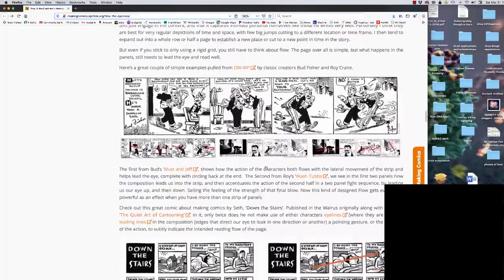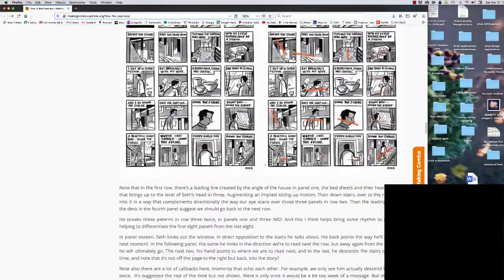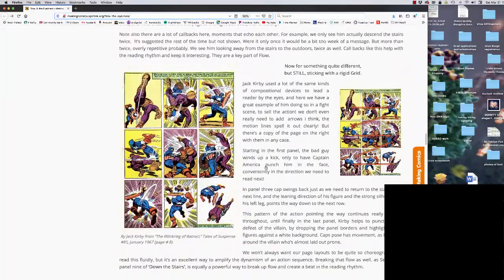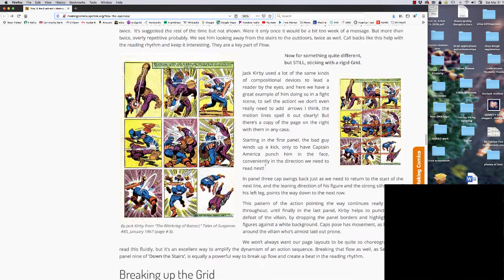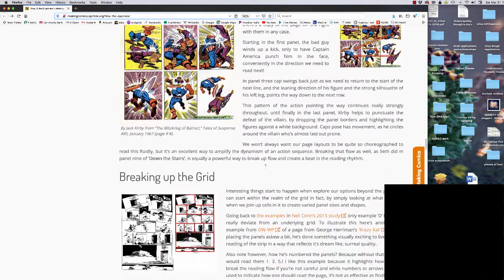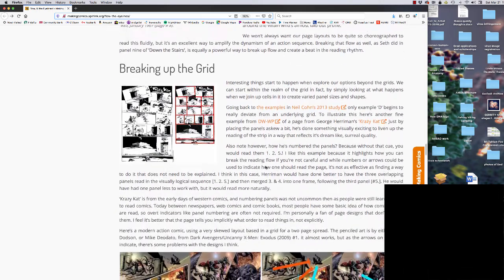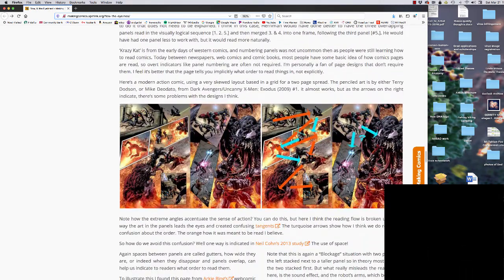And it even talks about how different elements within the illustrations can help lead the viewer's eye from one panel to another, to help the reader follow the panels in the order which the illustrator intends for them to follow them. So this is something that Glenn actually talked about during the graduate orientation.